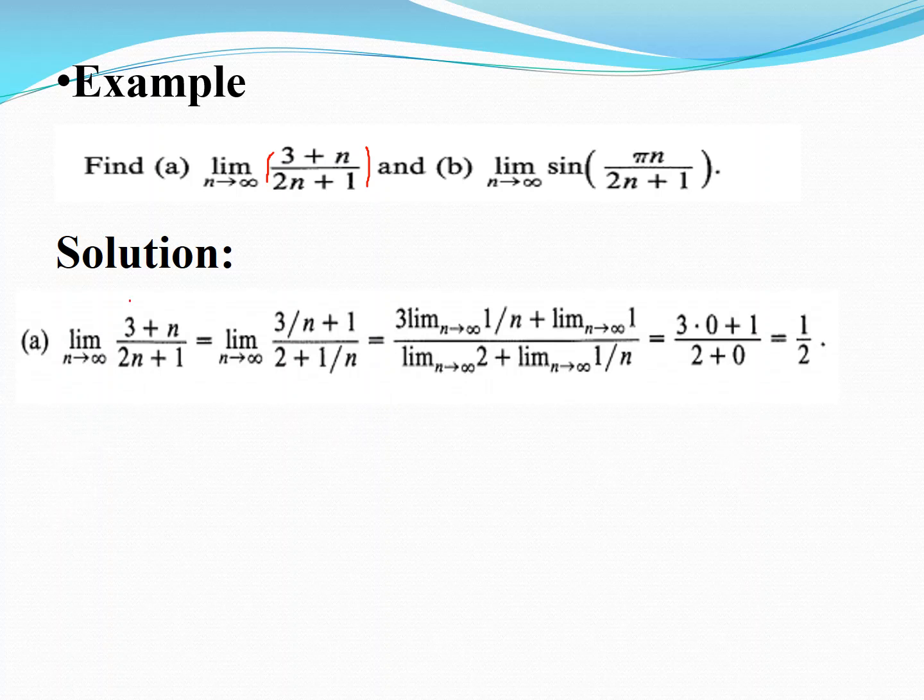This is the question. We divide the numerator and denominator by n, or we can say that we take common n from the numerator and the denominator. Using the properties, now applying the limit, we can write it by using the properties.